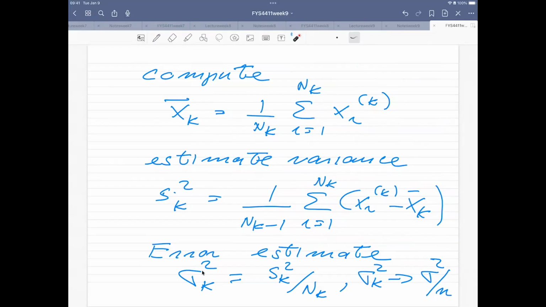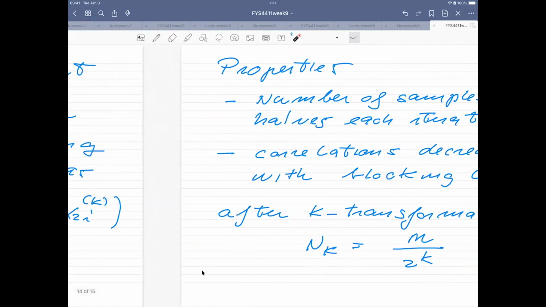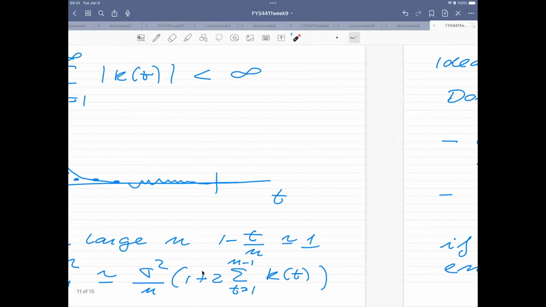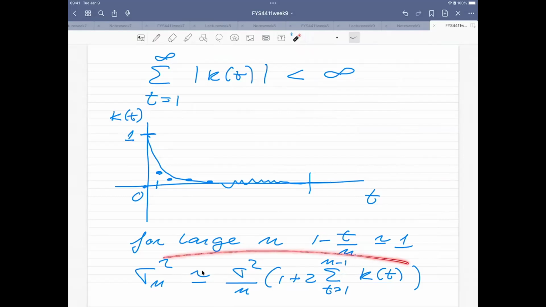For each of these blocks, you simply evaluate this quantity, and you can show that this error estimate, when K becomes large, approaches the true variance, which is given by the equation which we put up here.